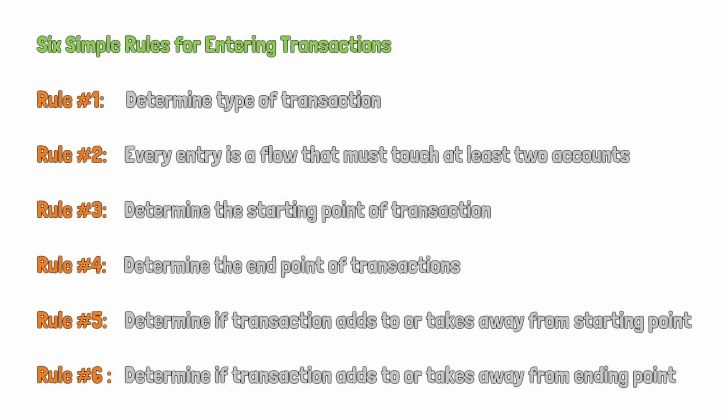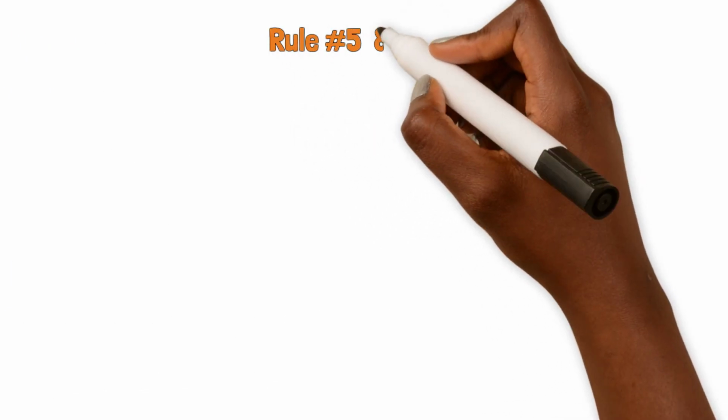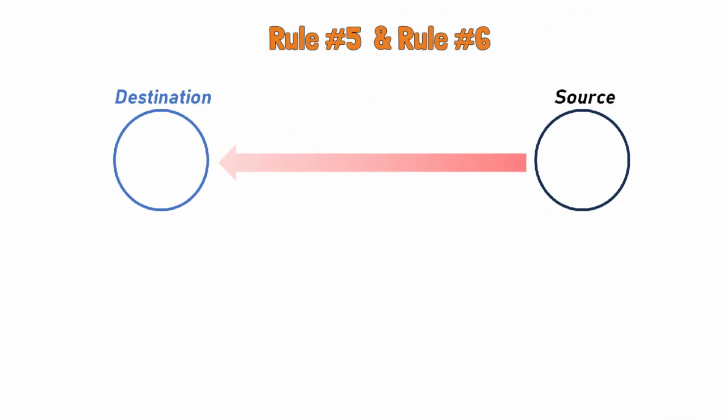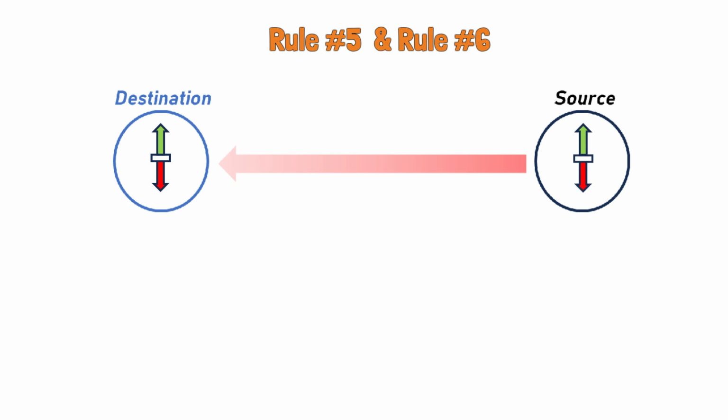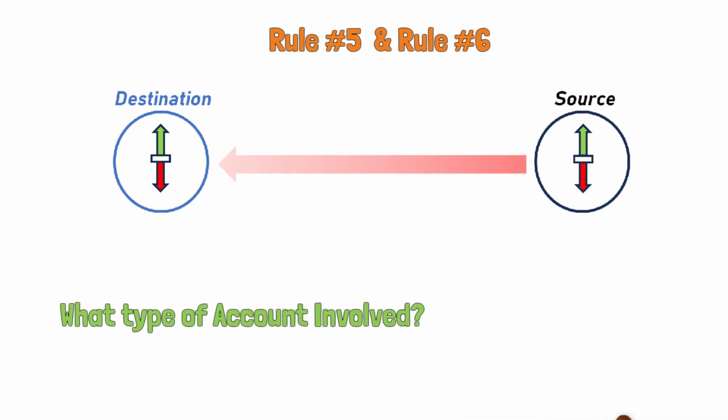Once this is done, rules number 5 and 6 are to determine the effect of the transaction on the starting and ending points. In other words, whether it adds to or takes away from the starting and ending point. Now, according to rules 5 and 6, the effect of the transaction on the starting and ending accounts depends on what type of accounts are involved.